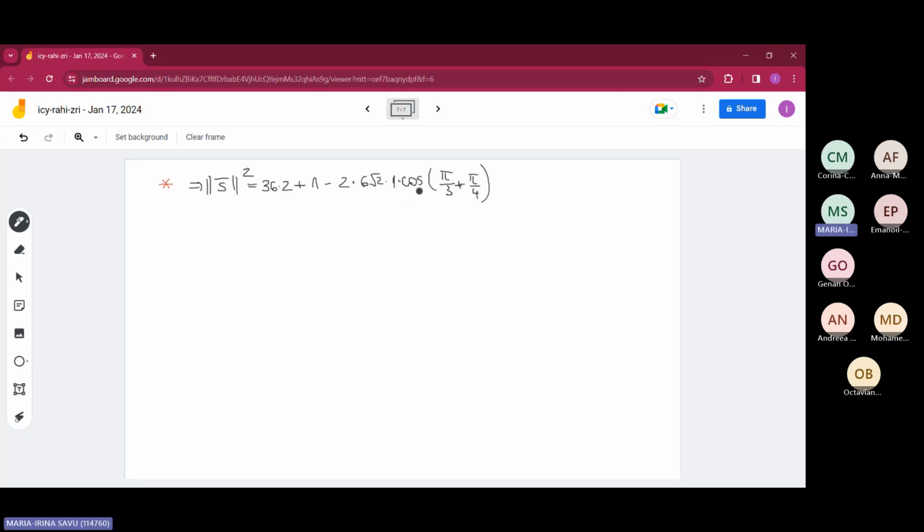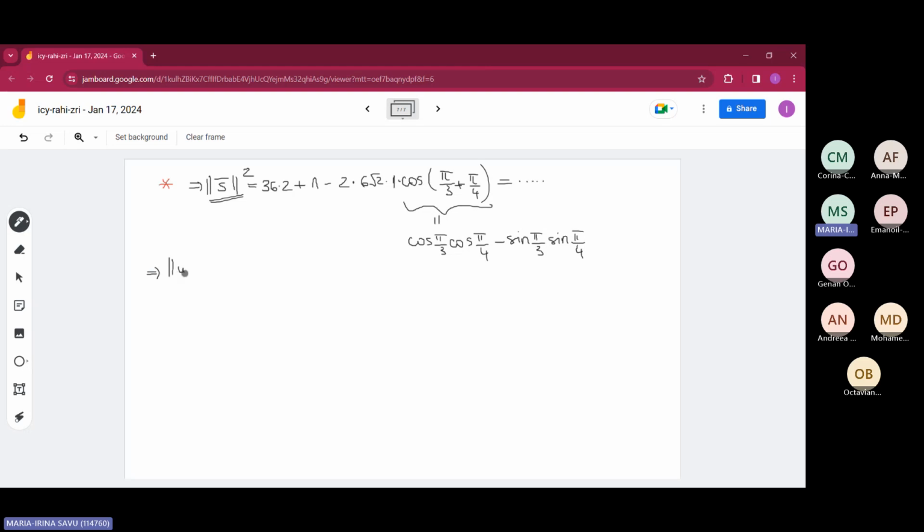Okay, so that cosine of A plus B means actually cosine of A cosine of B minus sine of A sine of B. So you have to make the computations here to see the value of each cosine and sine, and in the end you get this sum squared.